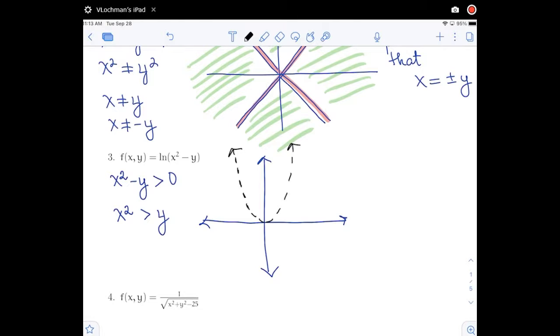One of those regions is the domain, okay? Except now we need to decide which one. What do you guys think? How should we decide which part of this graph is the domain? Think about how we find values of x and y so that x squared is greater than y. So is it the upper part or is it the lower part?